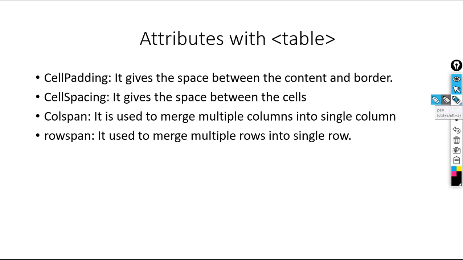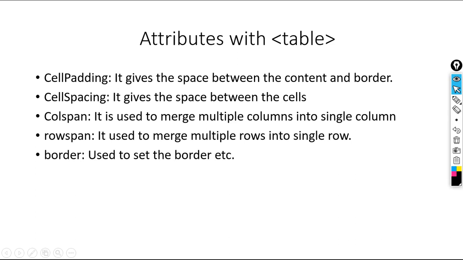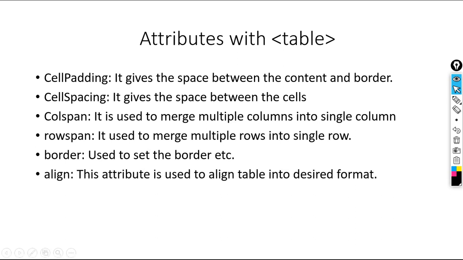So we have learned table related tags and attributes. Border is used to set the border of the table. Align is used to align the table into the desired format.